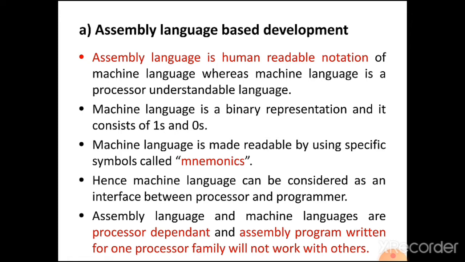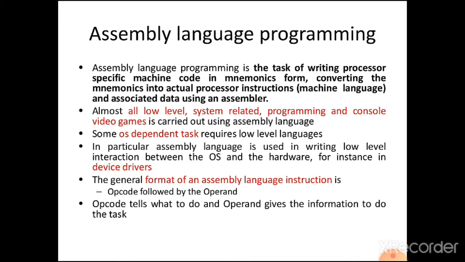For example, if we write a program for an 8086 processor, then it will not work for 8086 or Pentium processors. So what are the main usages of assembly language programs?